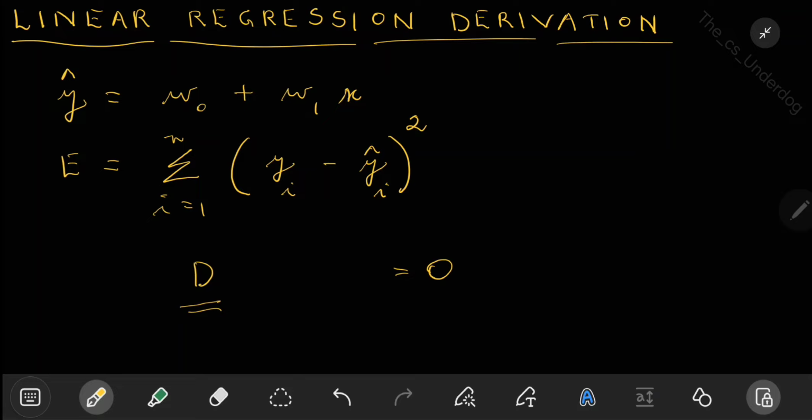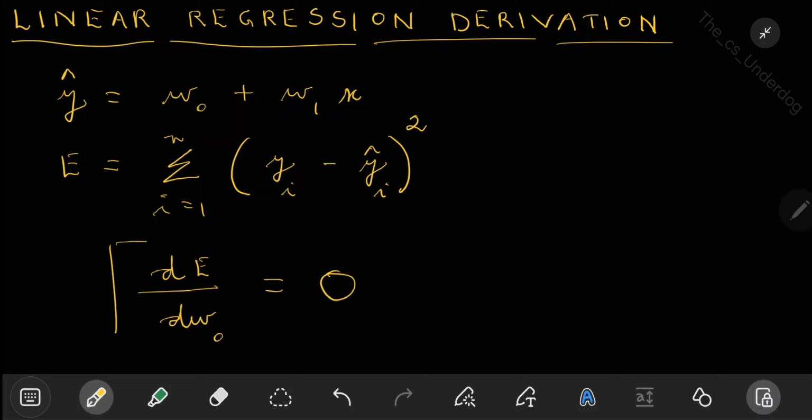You would take the derivative of the error and you would equate to 0. So here we are minimizing in order to find optimal values of W0 and W1. First we will find of W0. So in order to find the optimal values of W0, you have to take the derivative of E with respect to W0, right? And then you have to equate it to 0. This is how you will find the values of W0.